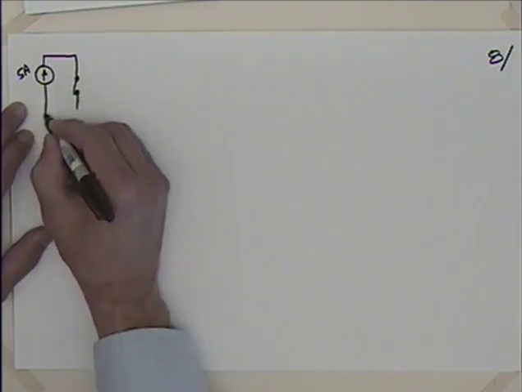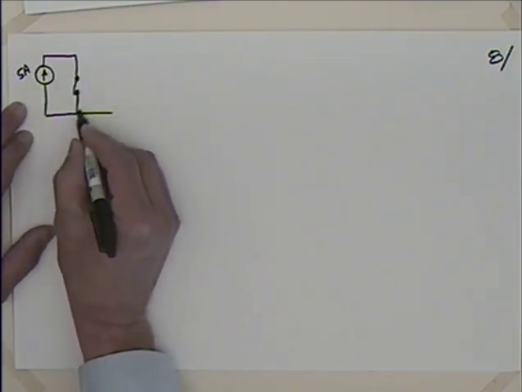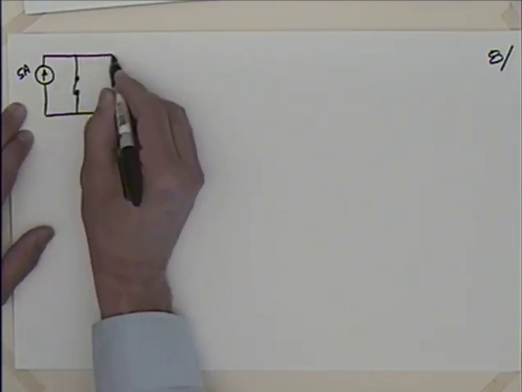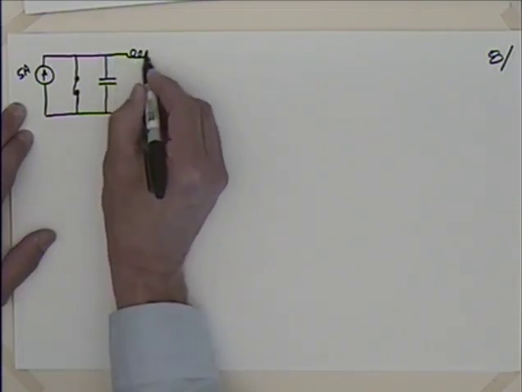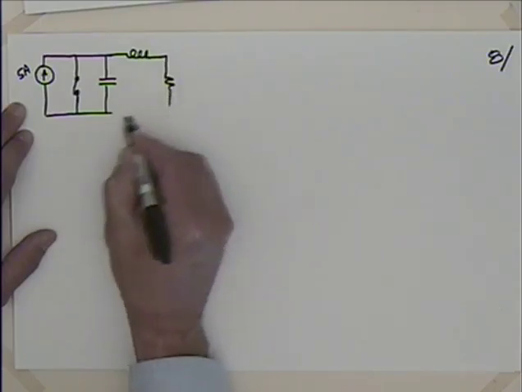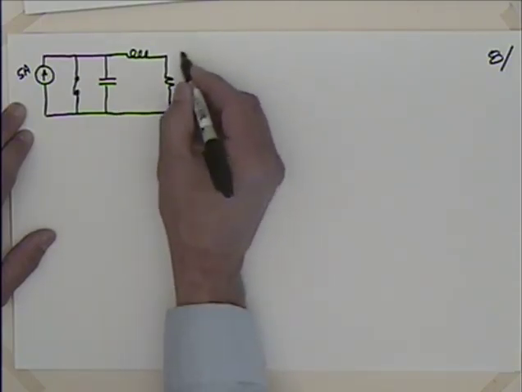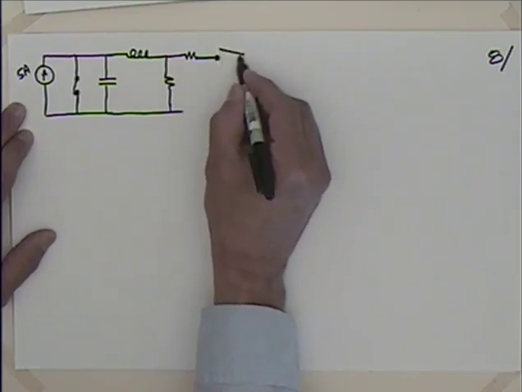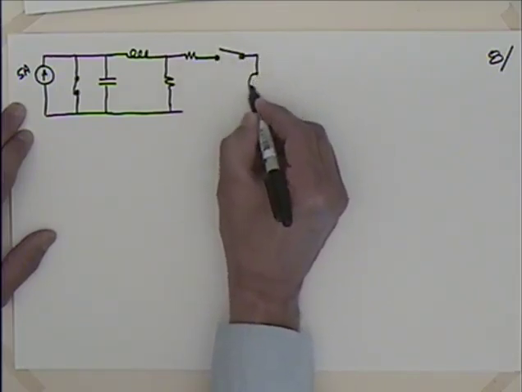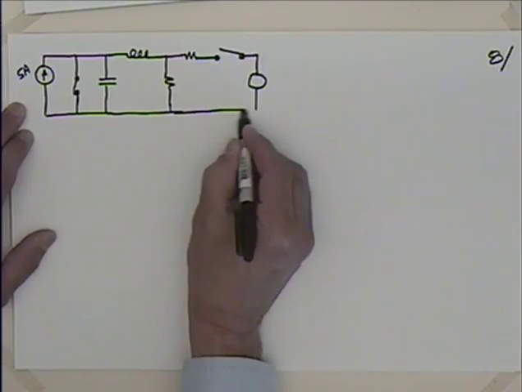We're going to open it at time t equals 0. And we've got a capacitor, and then an inductor, and a resistor, and a resistor, and then another switch that we're going to close, and a voltage source.